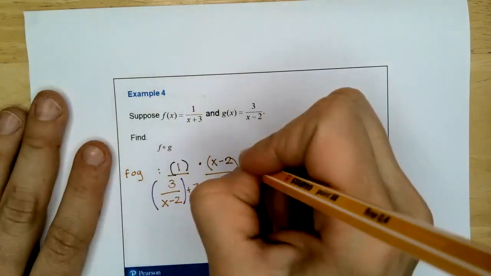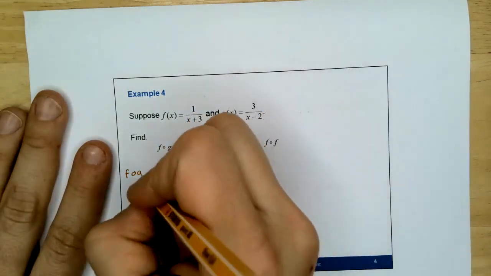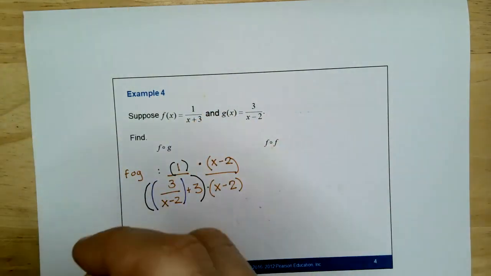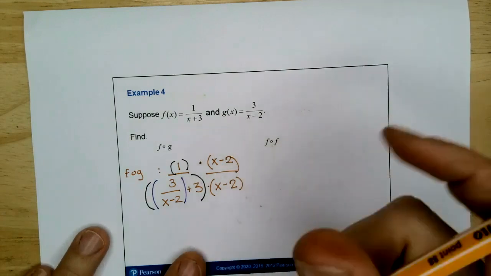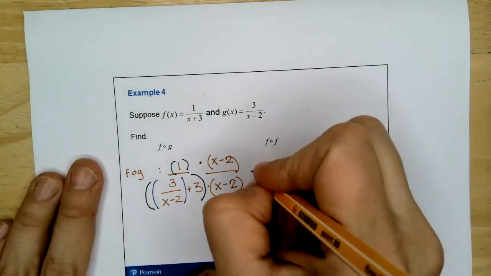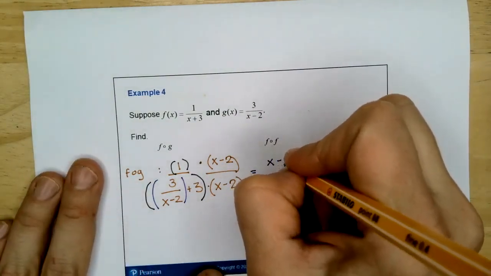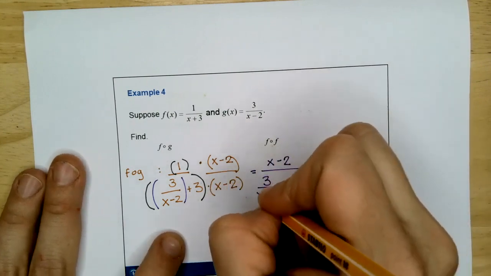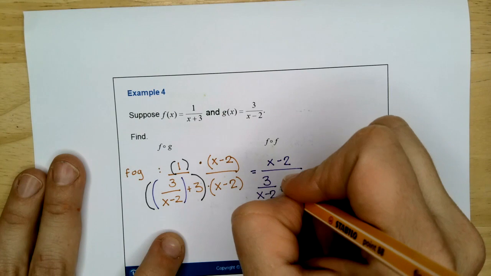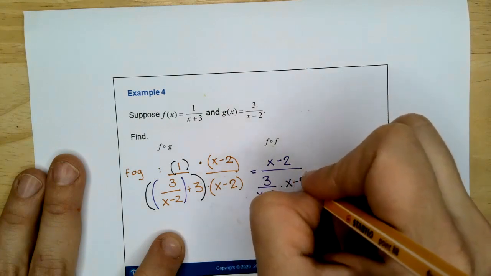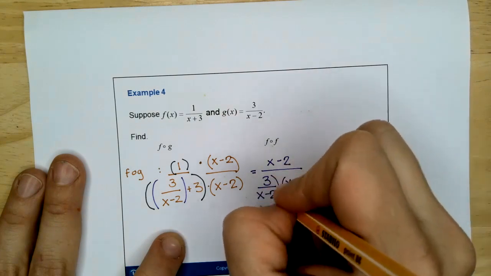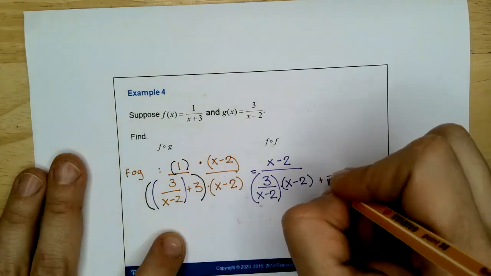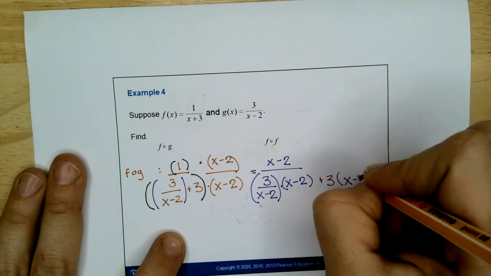So 1 is going to be multiplied by x minus 2, and then 3 divided by x minus 2 plus 3 is going to be multiplied by x minus 2. So that's going to give us simple x minus 2 on the top. Down here, it's going to give us 3 over x minus 2 times x minus 2 plus 3 times x minus 2.